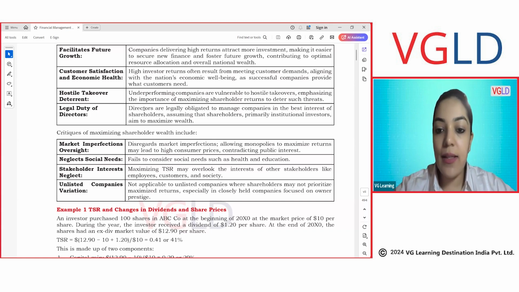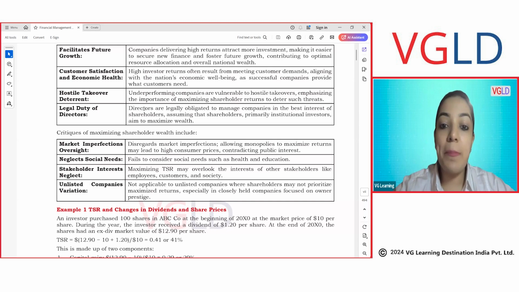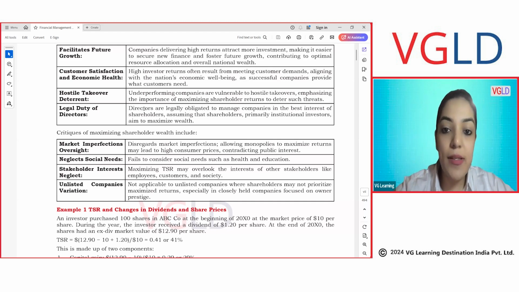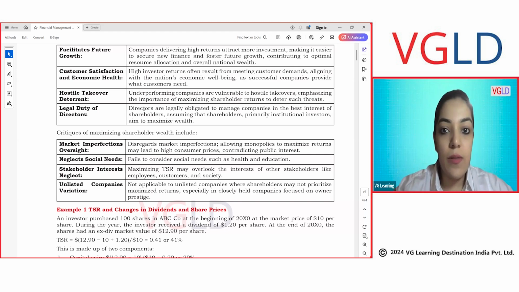However, in reality, there are imperfections like monopolies. And when monopolies aim to maximize shareholder wealth, they may exploit their market dominance by setting higher prices or reducing product quality, prioritizing profits over welfare of the consumers of society. So just break down this point for you here.